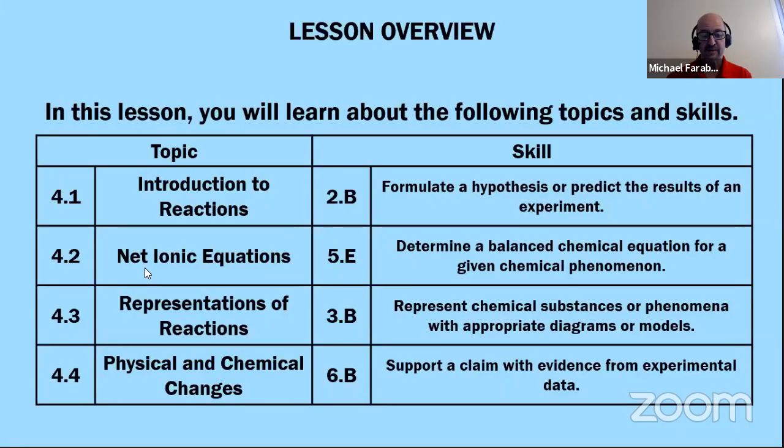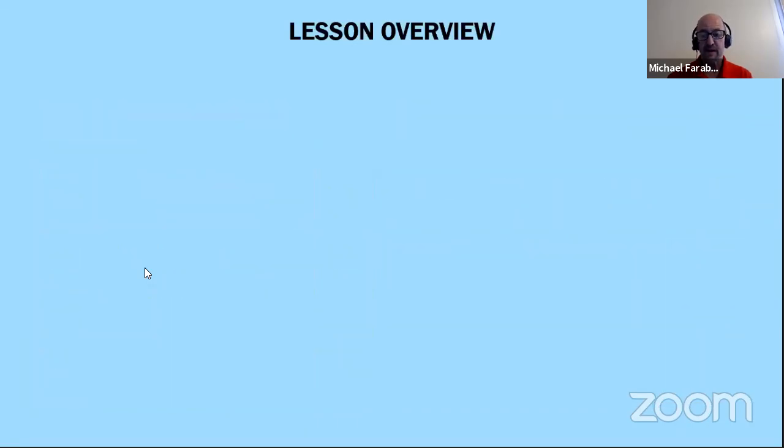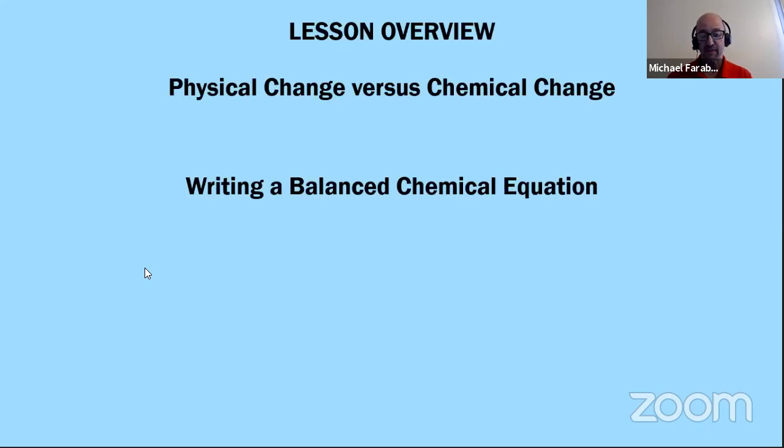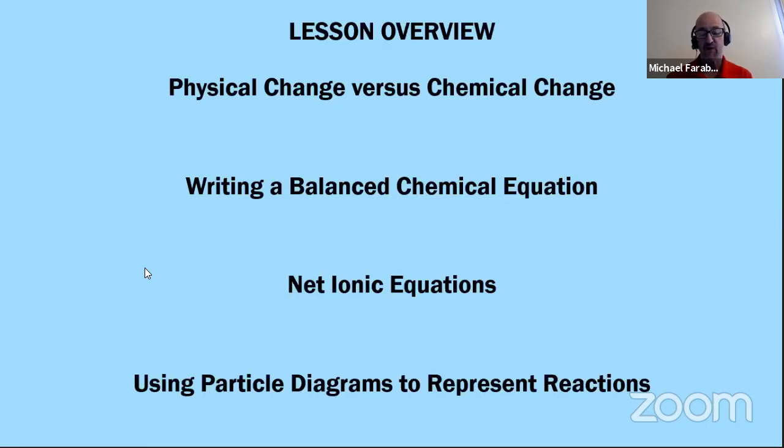Selected topics are listed here, as well as the science practices, including formulate a hypothesis or predict the results of an experiment, determine a balanced chemical equation, represent chemical substances or phenomena with appropriate diagrams or models, and support a claim with evidence from experimental data. We'll talk about physical versus chemical change, writing a balanced chemical equation, net ionic equations, and using particle diagrams to represent reactions.